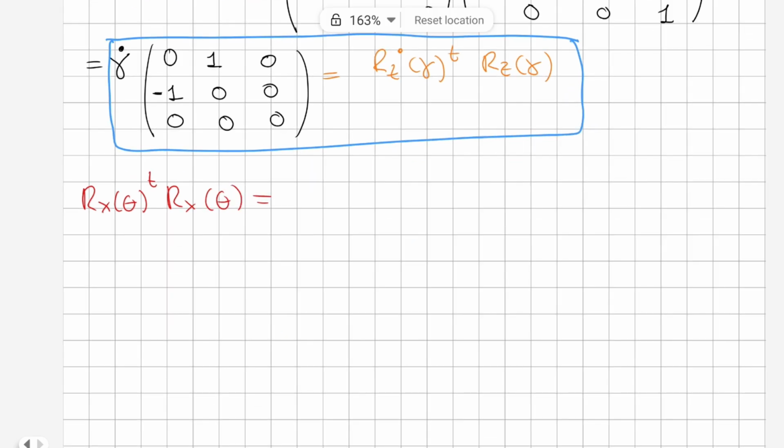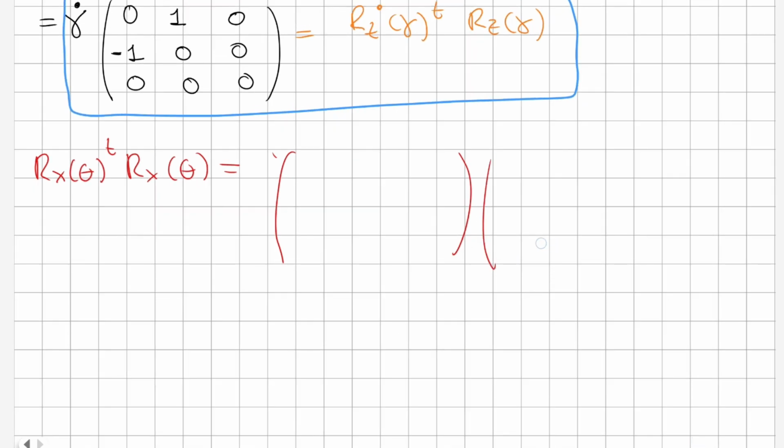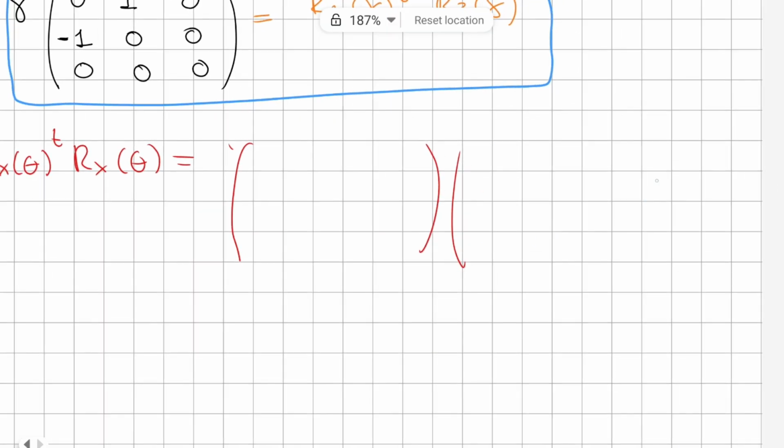So again, here we are going to get some matrix, and then here we have Rx of theta that we know can be defined as 1, 0, 0, 0, cosine theta, minus sine theta, 0, sine theta, cosine theta.